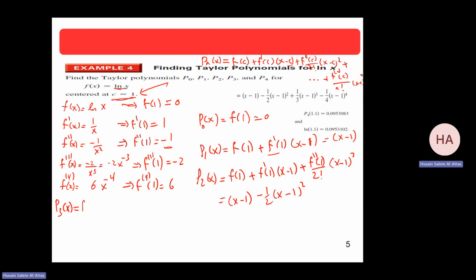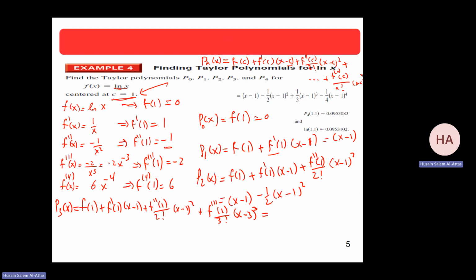It will be f of 1 plus f prime at 1 x minus 1 plus f double prime at 1 over 2 factorial x minus 1 squared plus the triple prime at 1 over 3 factorial x minus 1 cubed.